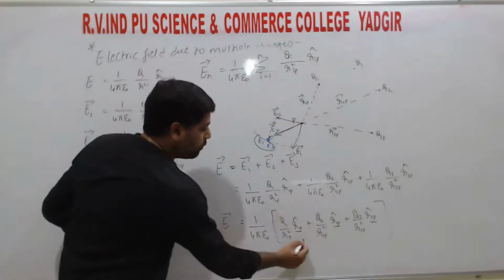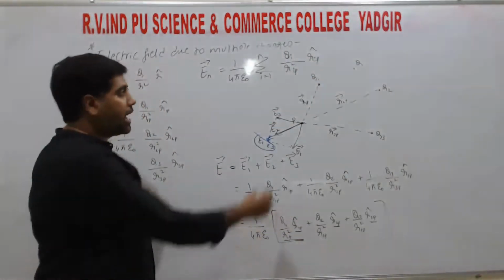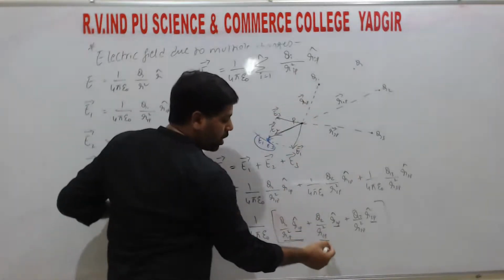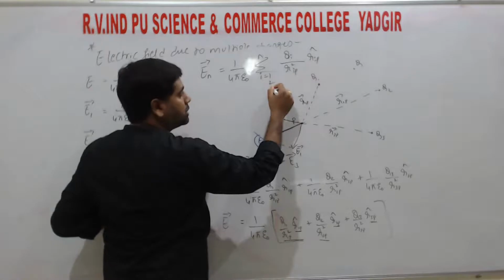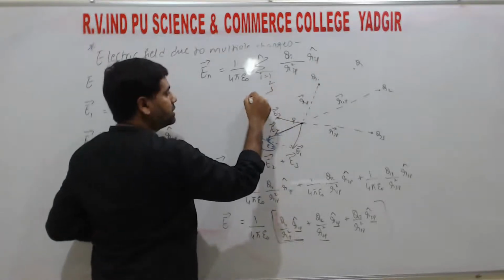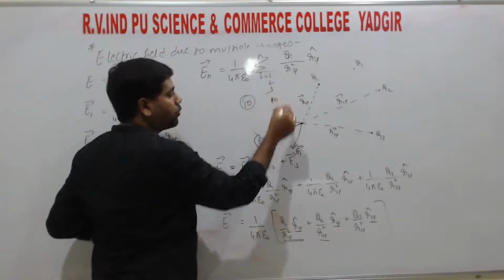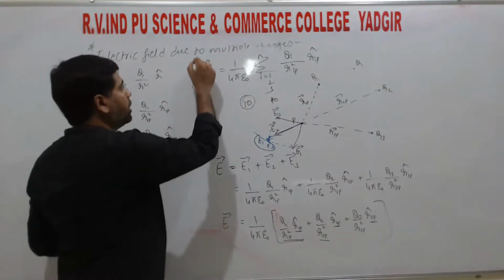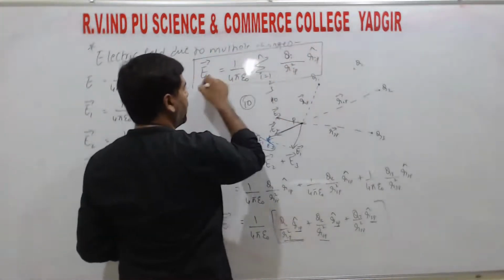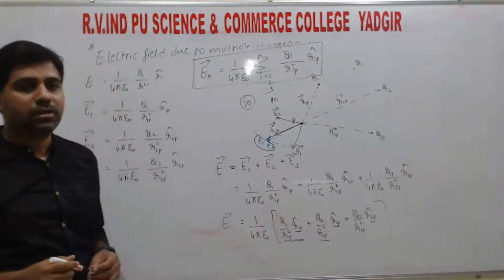So we get the first term. Now if we substitute i equals 2, here we get r_2P. Wherever i is, we keep on substituting. If we have 10 charges, then we need to substitute up to 10, right? So this is the electric field due to multiple charges, right?